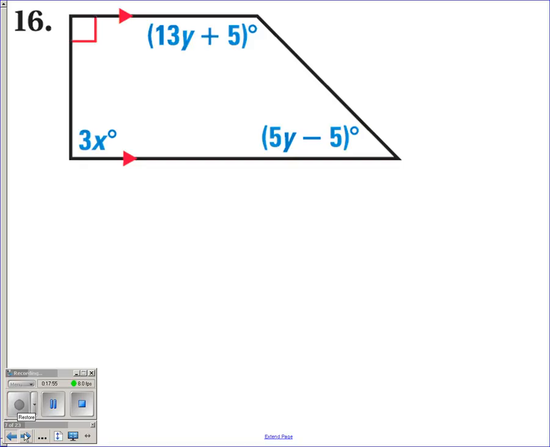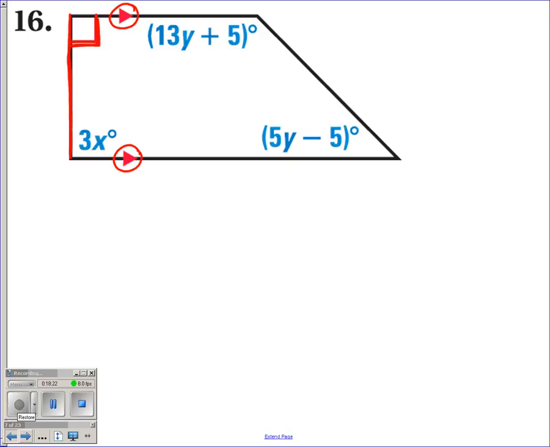Number 16. We have a trapezoid. Trapezoid has one pair of opposite sides parallel. We've got that. Well, let's solve for x first. Here we have a segment between these two parallel lines. And this angle up top is marked as a right angle.